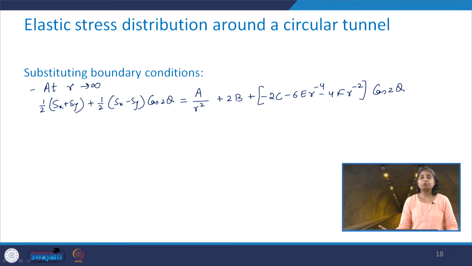So, what we now do is we compare both the sides of the equation.